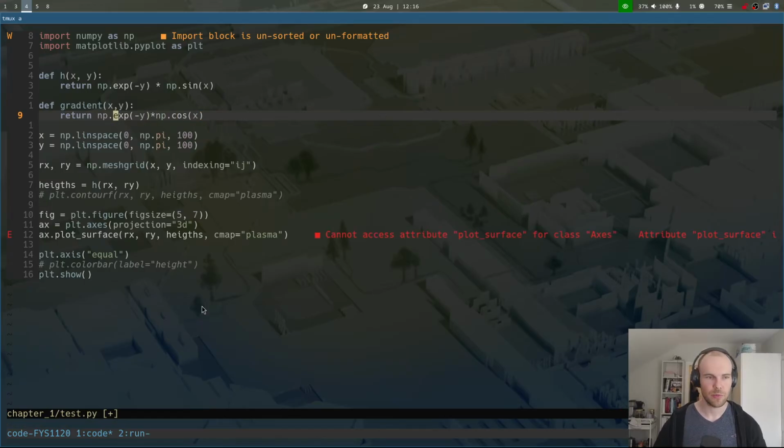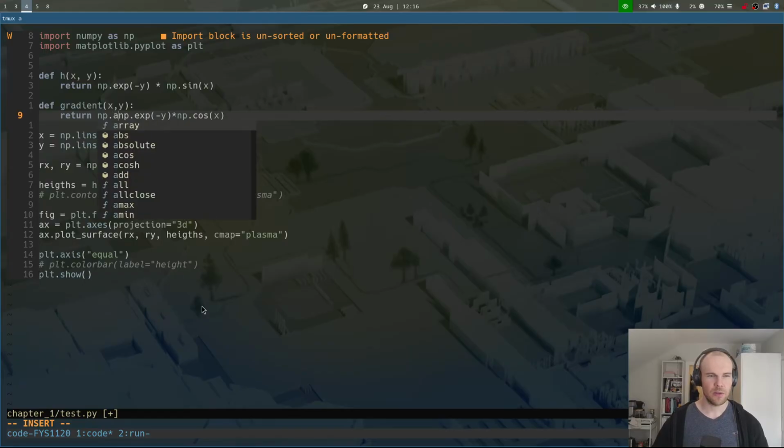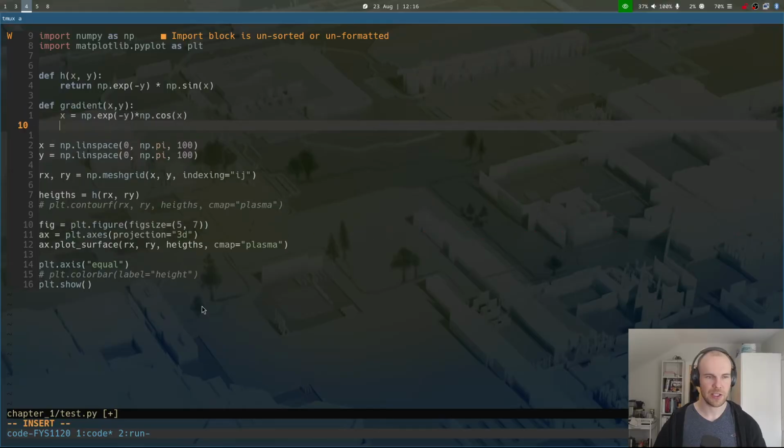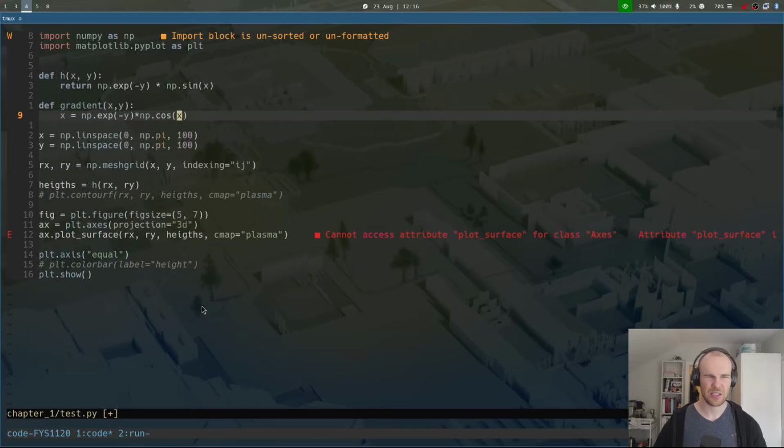But it should be a vector, so it should be np.array. I could say, or just make it more special, the x component, I could say. Yeah, x component.